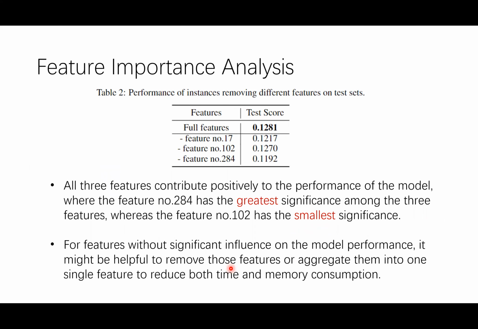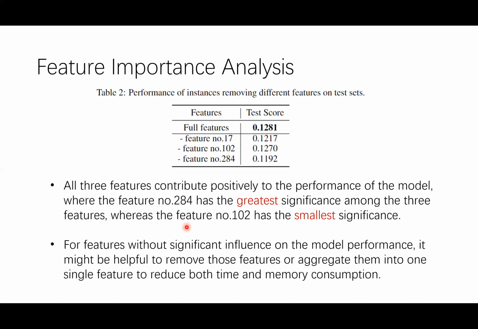And last, I will present some feature importance analysis. We select these 3 features from the data sets and then remove each of them. And the performance are shown in this table. And we can see that all 3 features have positive contribution to the performance of the model.